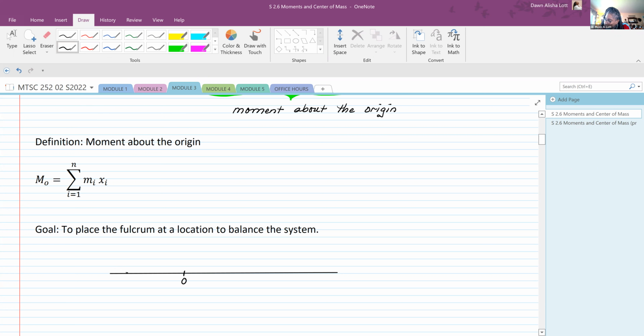Then here's M1, X1. Here is M2, X2. Here is M3, X3. And I'm going to place my fulcrum right there.